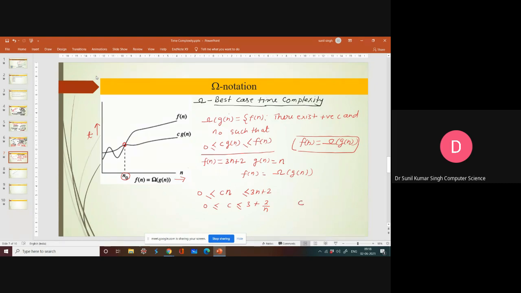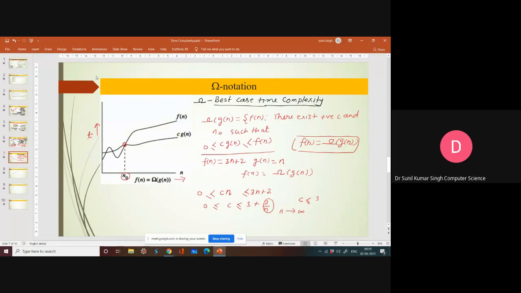If we are going to take C less than or equal to 5, because if we take n equal to 1 then it will become 5. No, it is not like this. We have to take C less than or equal to 3, because when n tends to infinity, this portion 2 by n will become 0, and in that case it will become 3.